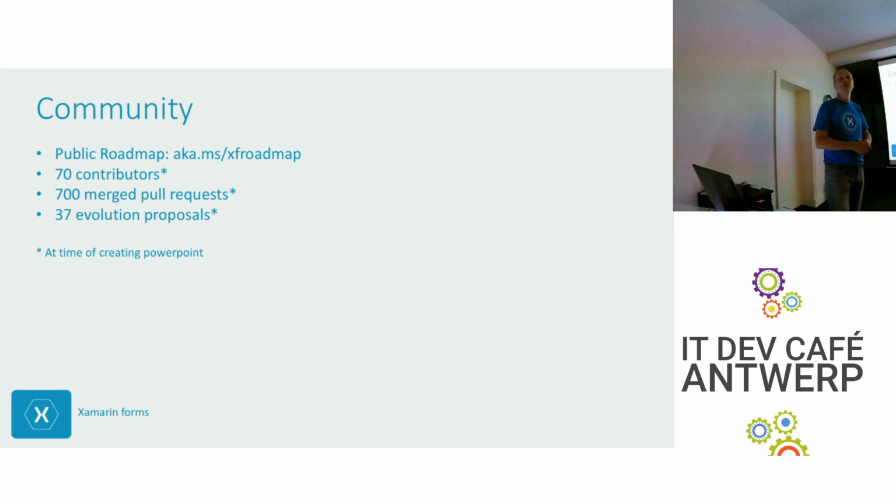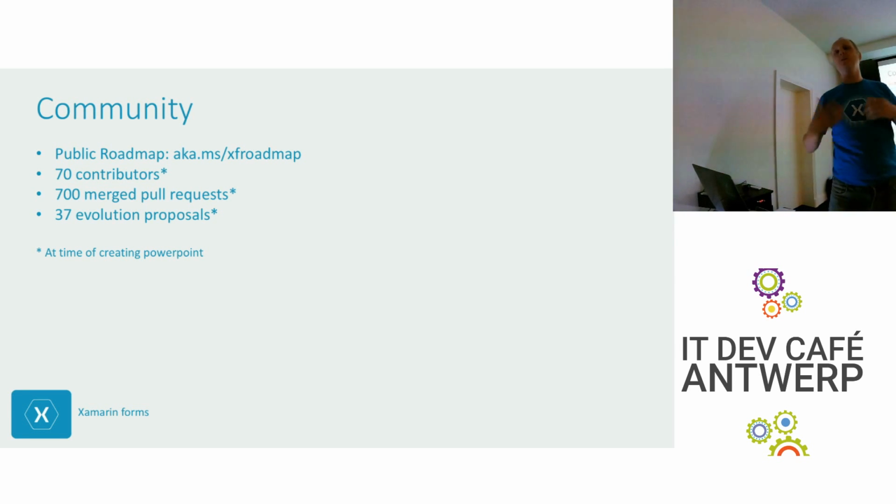Another good URL to know is the one on top, the XF roadmap URL, because all the things that Xamarin is willing to do for the future, they will try to lay out in a roadmap. And all those features are now available on that website, and you can also submit your own.